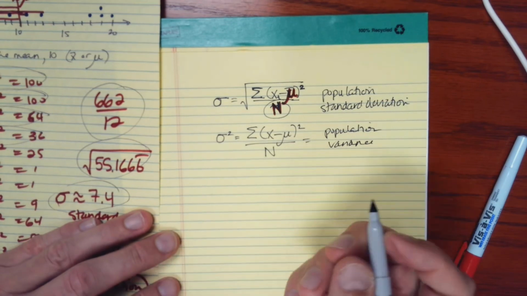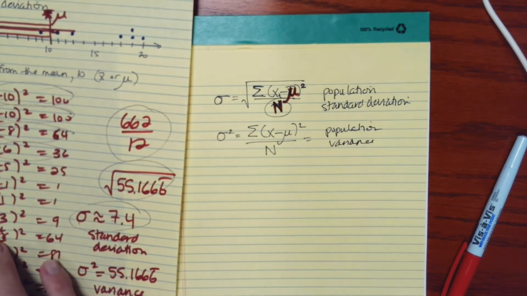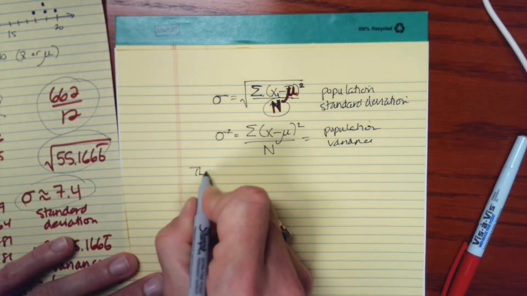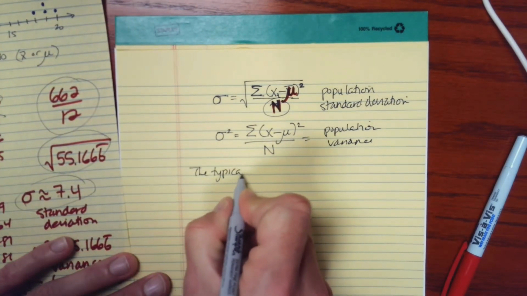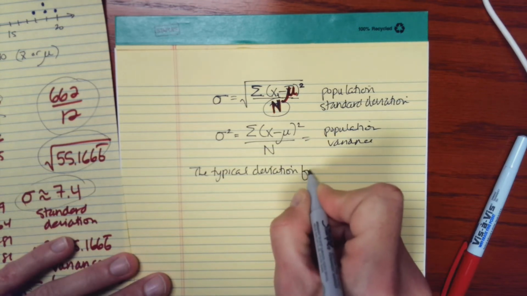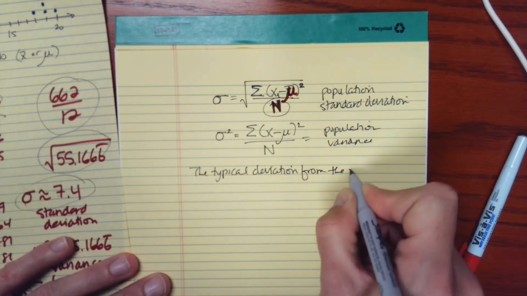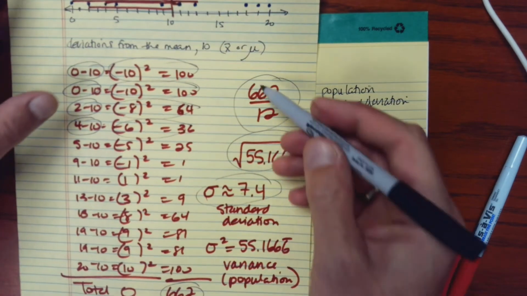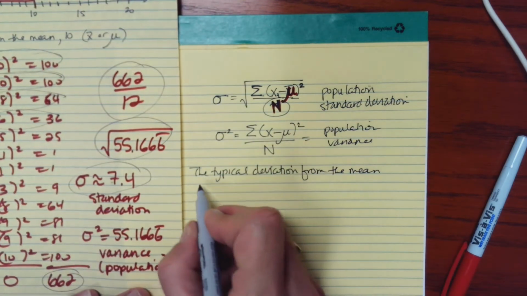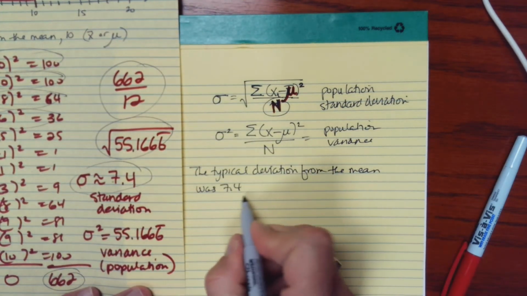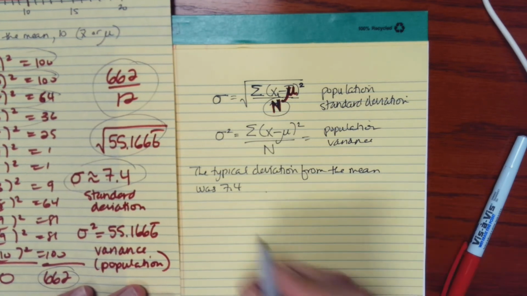Standard deviation tells us the typical deviation from the mean. So in this example, I could say the typical deviation from the mean was 7.4. And if I had some units, I would put that there.